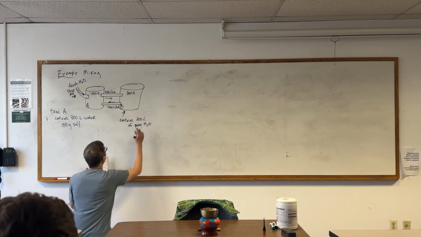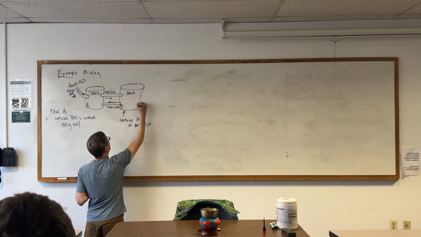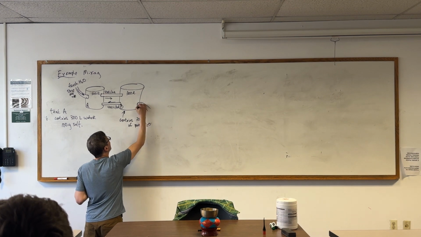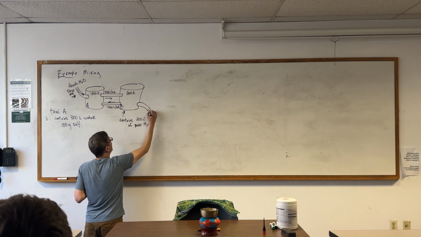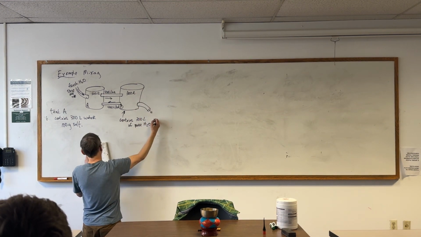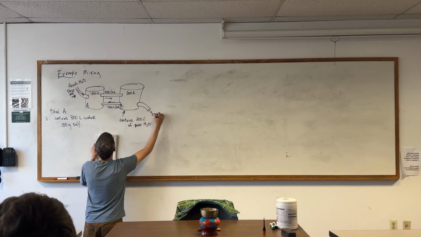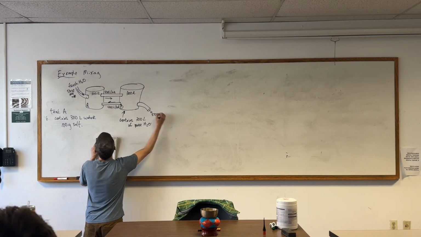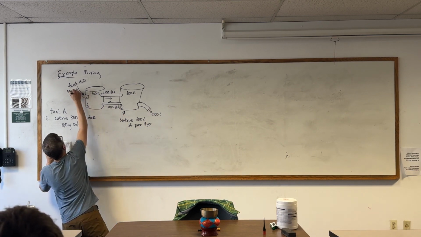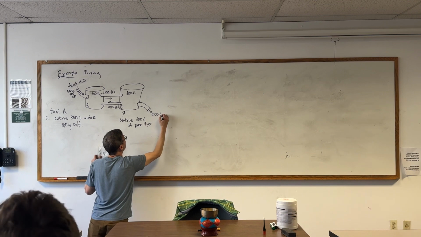And then there is an output. This is getting very complicated. There's an outlet here, and coming out of that is whatever this mixture is at 500 liters per hour. I think I'm using little l's and capital L's, but I really just mean liters.